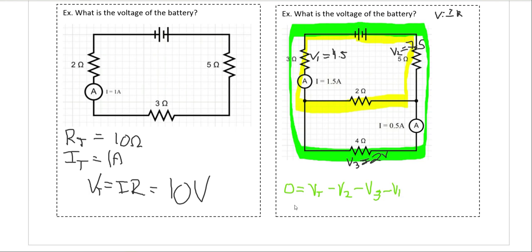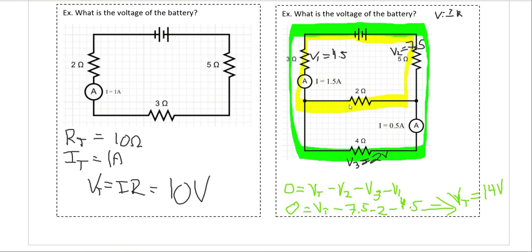And since I got numbers for all of these, 0 is equal to V total minus 7.5 minus 2 minus 4.5. Let's see, 7.5 and 4.5 is 12, and 2 more is 14. So we get to say V total is equal to 14 volts.